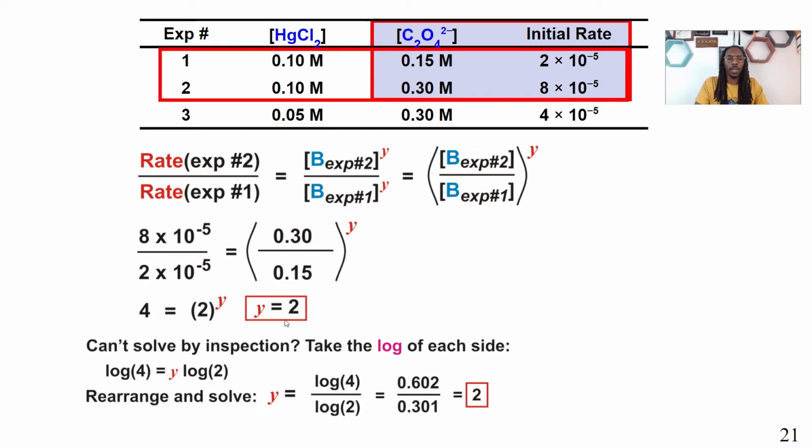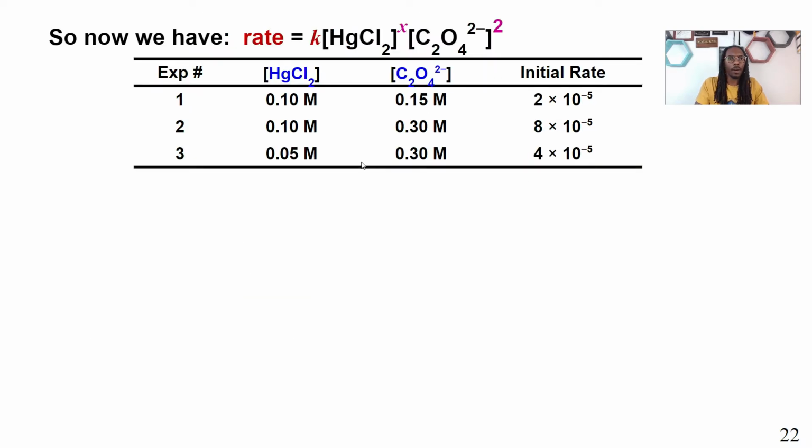So we just determined that C2O4 is second order. Now we have this as our rate law so far. We have rate equals k times HgCl2 raised to x. So we still don't know that order. But now we do know this reactant is second order.